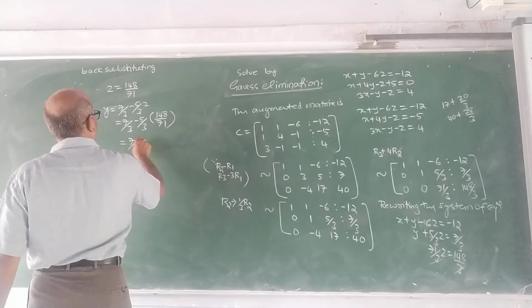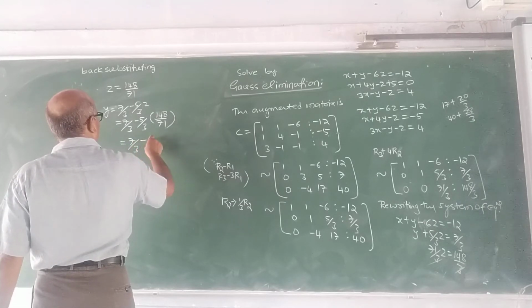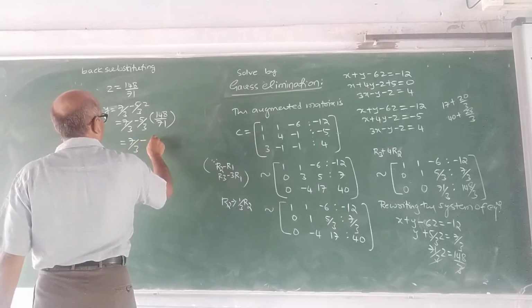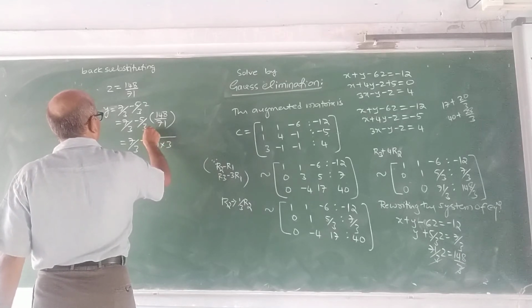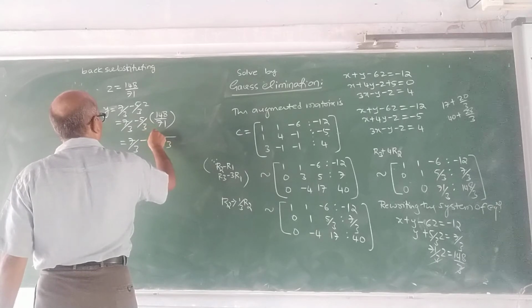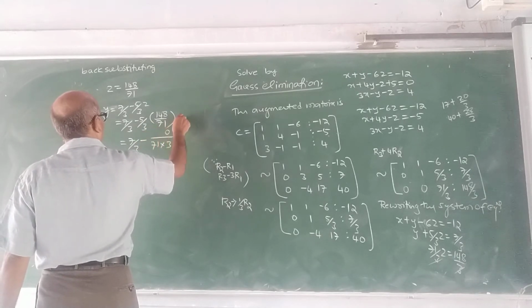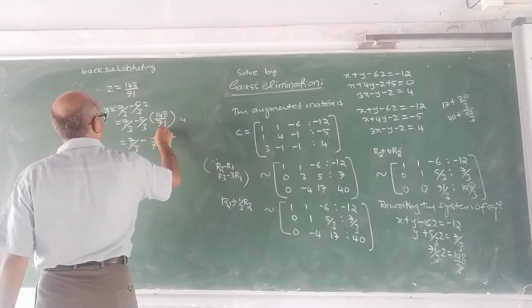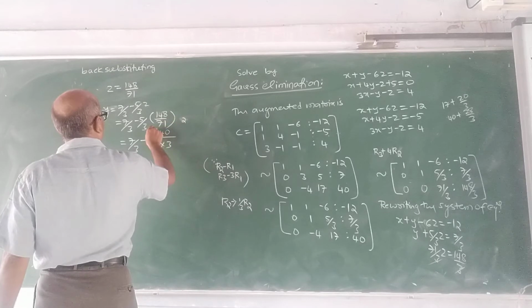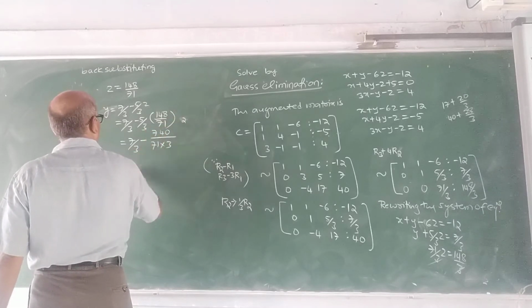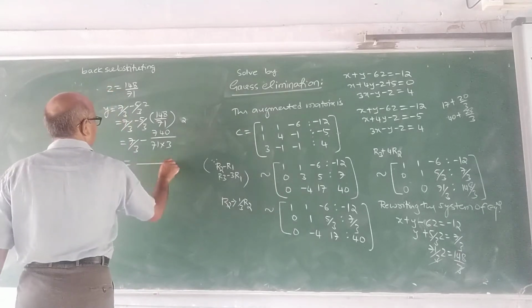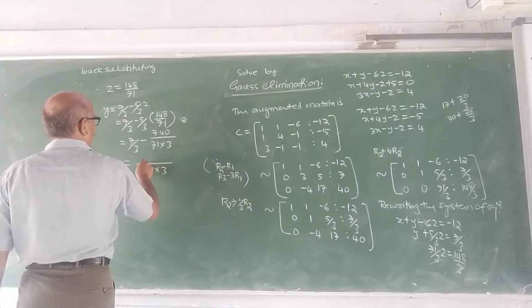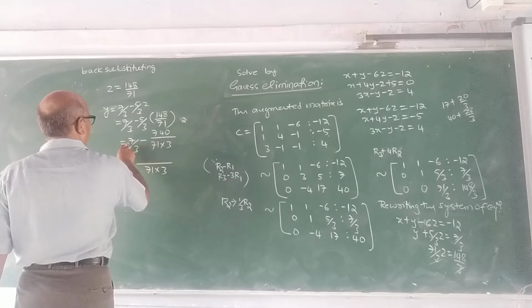7 by 3 minus, simplify this, 71 into 3, and it is 148 into 5, that is 740. So it is 71 into 7.